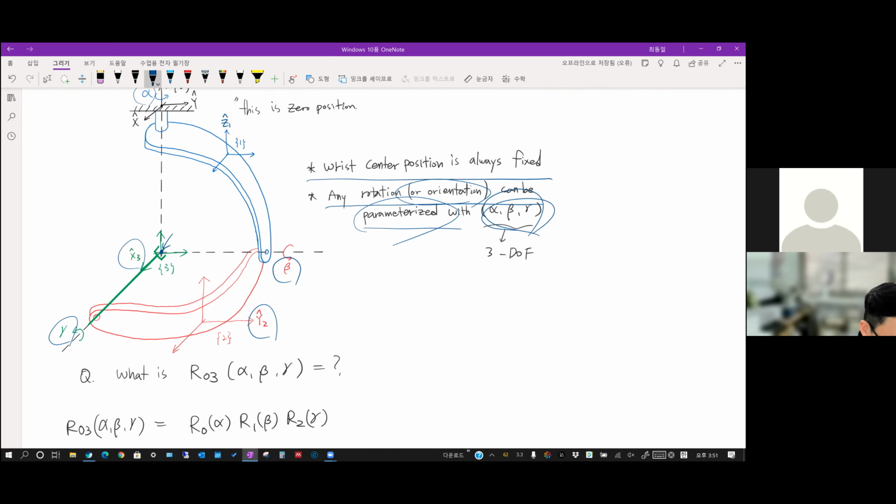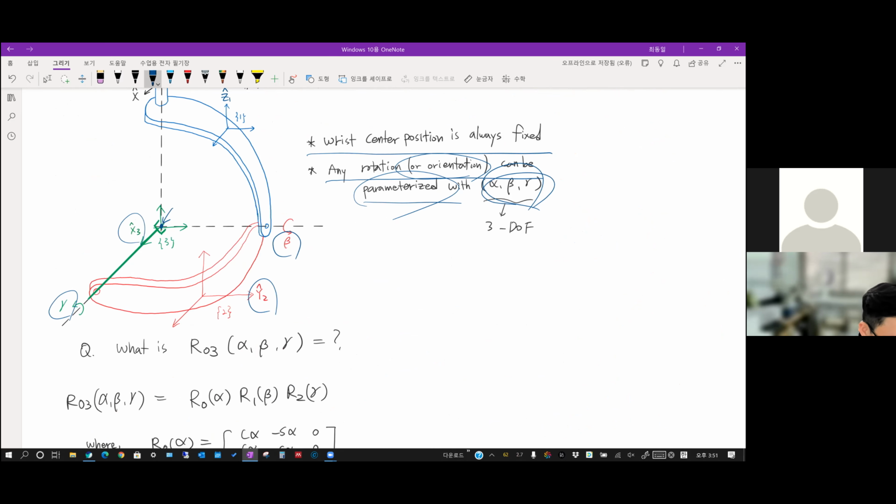So by using alpha, beta, gamma, we can express the rotation matrix R. At the last class, we called it Euler angles or roll pitch yaw. So these are 3 angles, the parameterized angles.